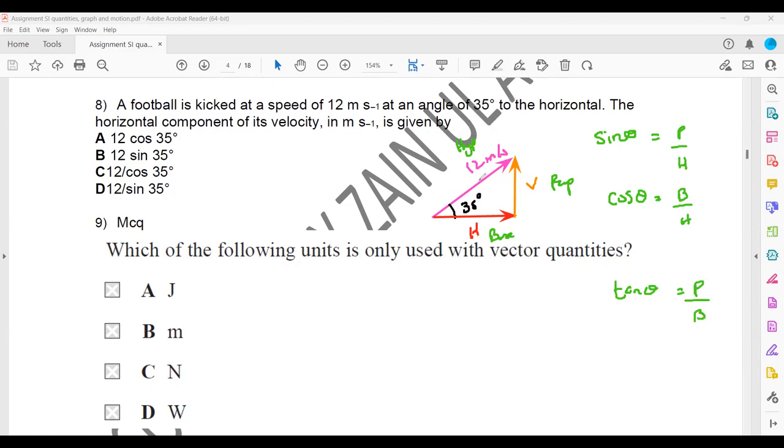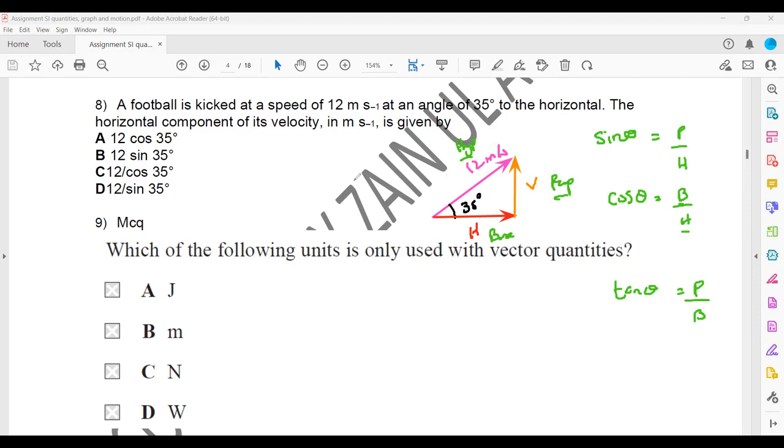So I want the horizontal component and I have the hypotenuse. If I use sine theta, I cannot determine the horizontal component, because sine theta involves the perpendicular and hypotenuse. But cosine theta is base over hypotenuse, and the base is the horizontal component. So we can use that.